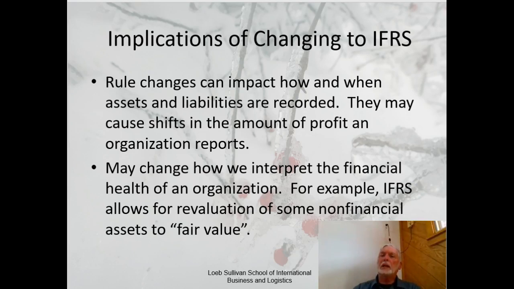Whenever rules do change, it's very, very difficult for companies because it can change the amount of profit that's reported. It can change how the outside looks at a particular organization, because the profitability and the liquidity and solvency ratios all change because we've changed how we account for things.